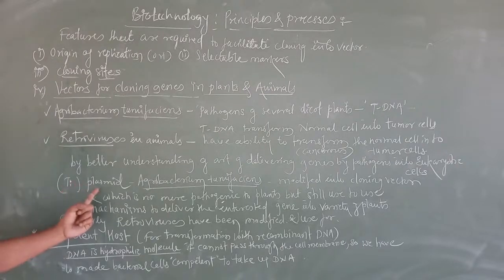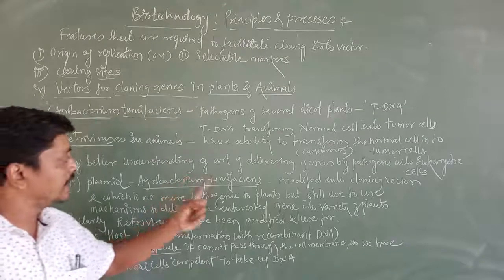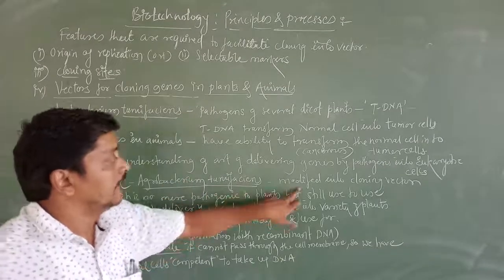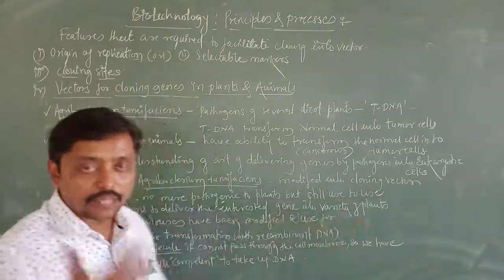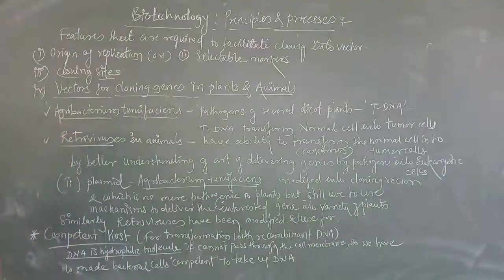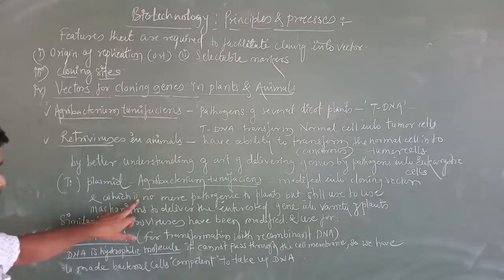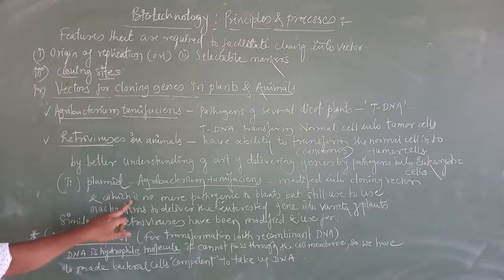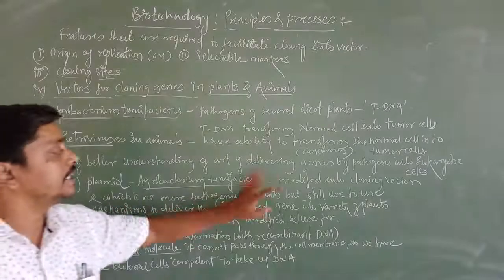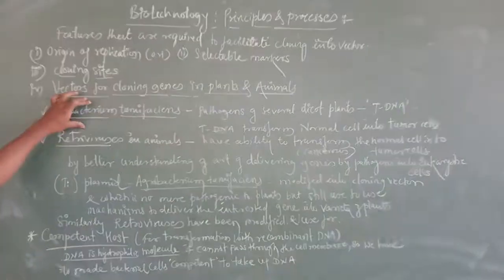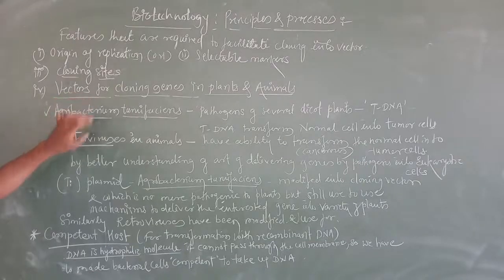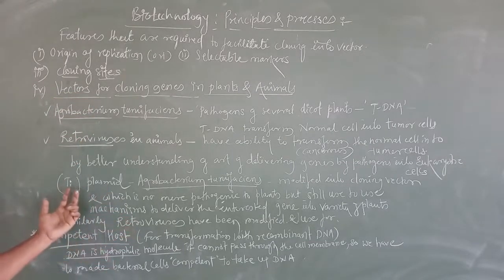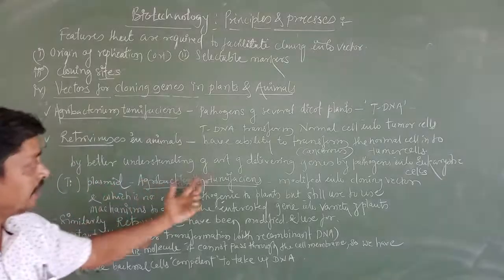The Ti plasmid of Agrobacterium tumefaciens is modified into the cloning vector, in which it is no more pathogenic to the plant. The normal one is pathogenic to the plant. We are going to modify this Ti plasmid of Agrobacterium tumefaciens.